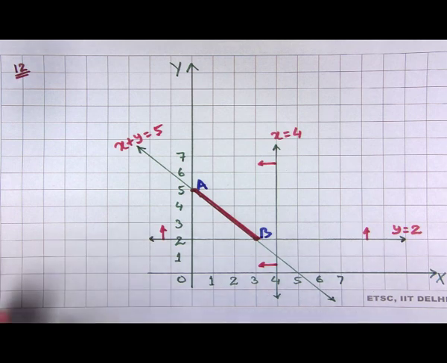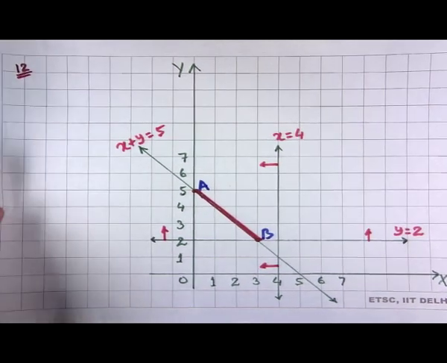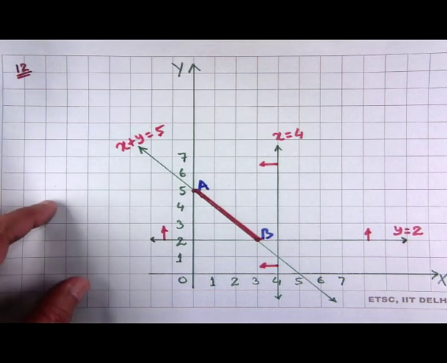So, the feasible region for this linear programming problem is a line.